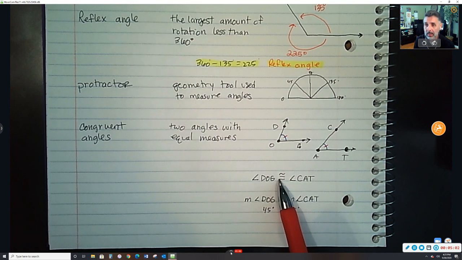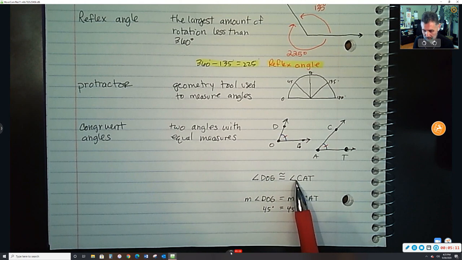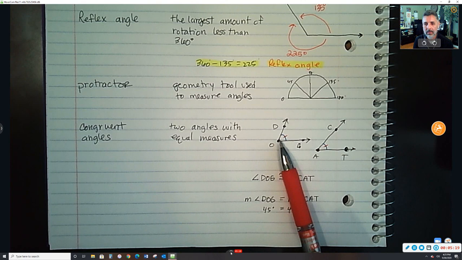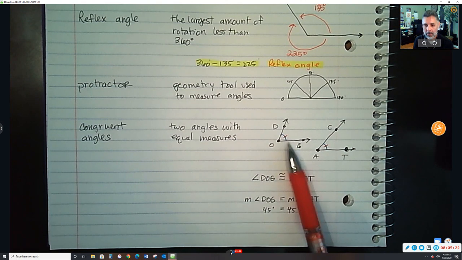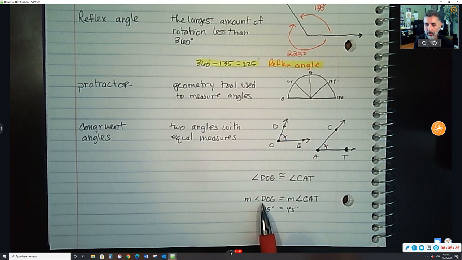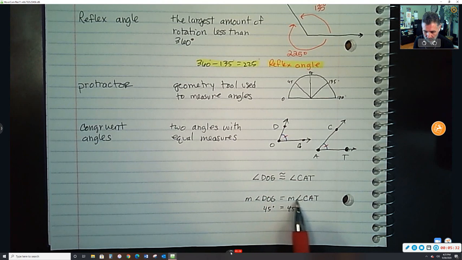This is kind of petty in geometry, but there's a difference. This is referring to the angles, and we say they're congruent because saying they're equal means they're exactly the same. They look like they're the same, but they're not. Whenever we use equal, we're talking about an actual measure, and that's what this notation says. The measure of angle DOG is equal to the measure of angle CAT.